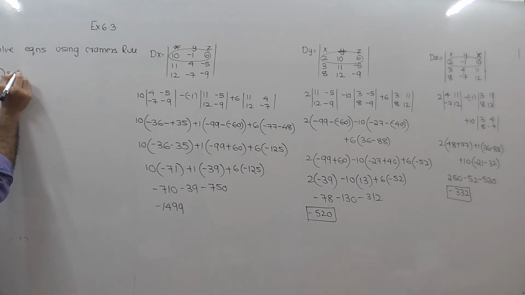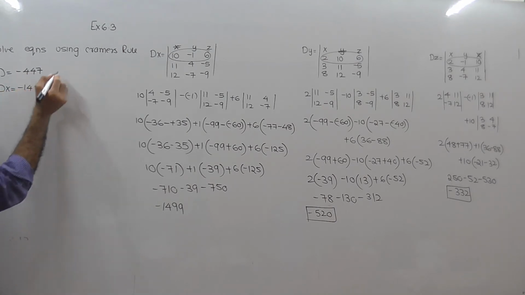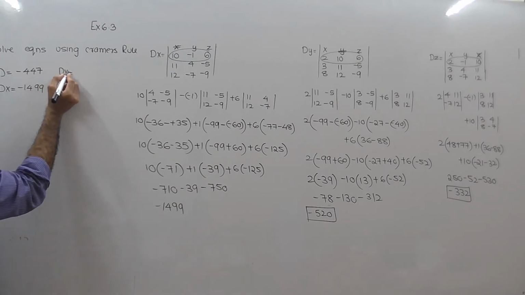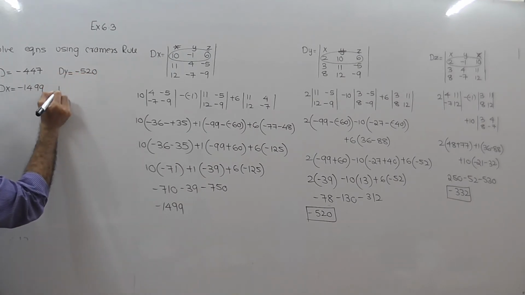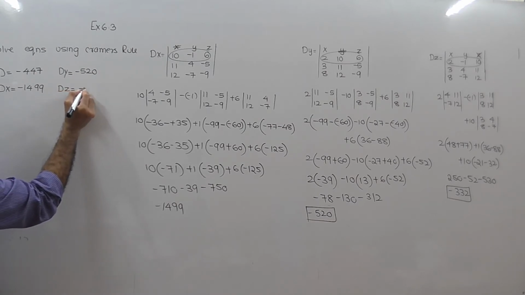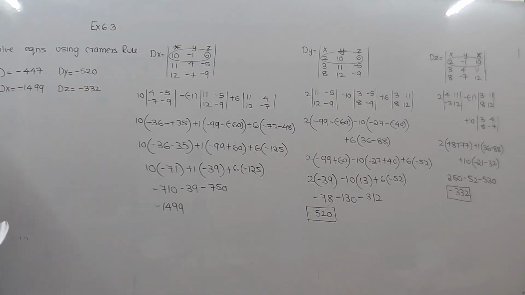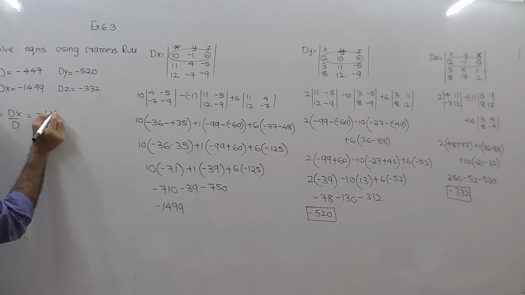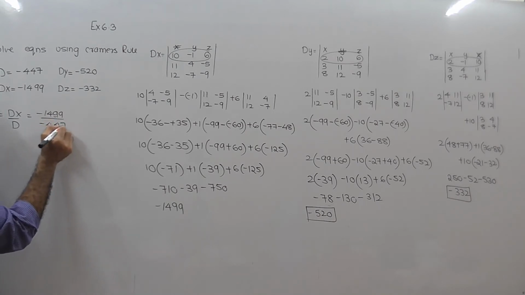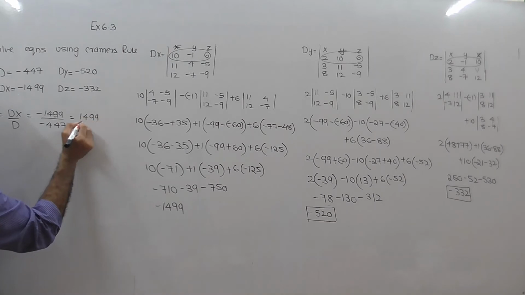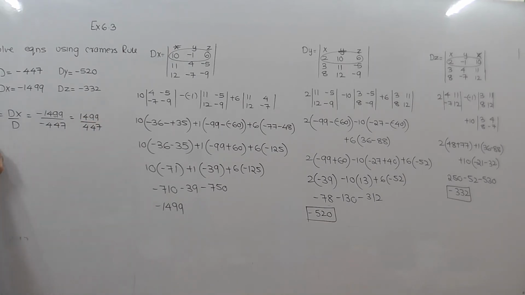The value for D is negative 447. The value for dx is minus 1499. The value for dy is minus 520, and the value for dz is minus 332. So my x equal to dx upon d, which is minus 1499 upon minus 447, that is 1499 upon 447.